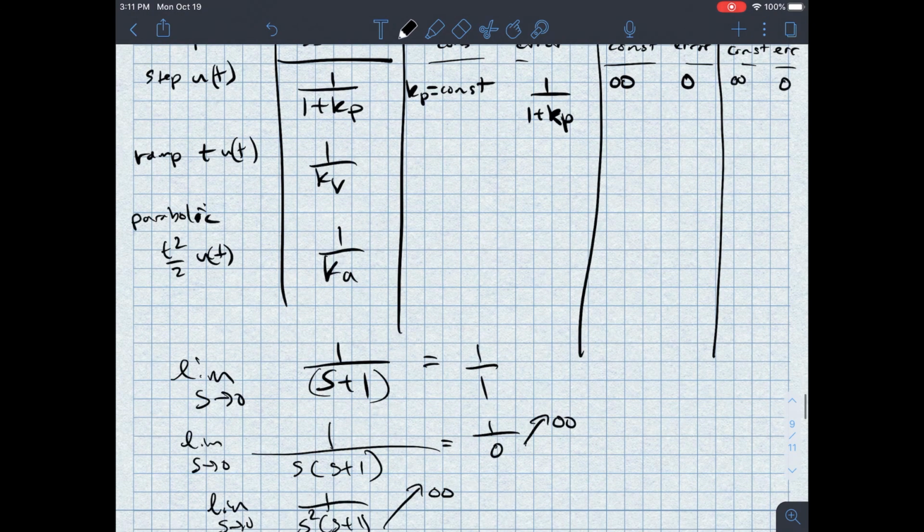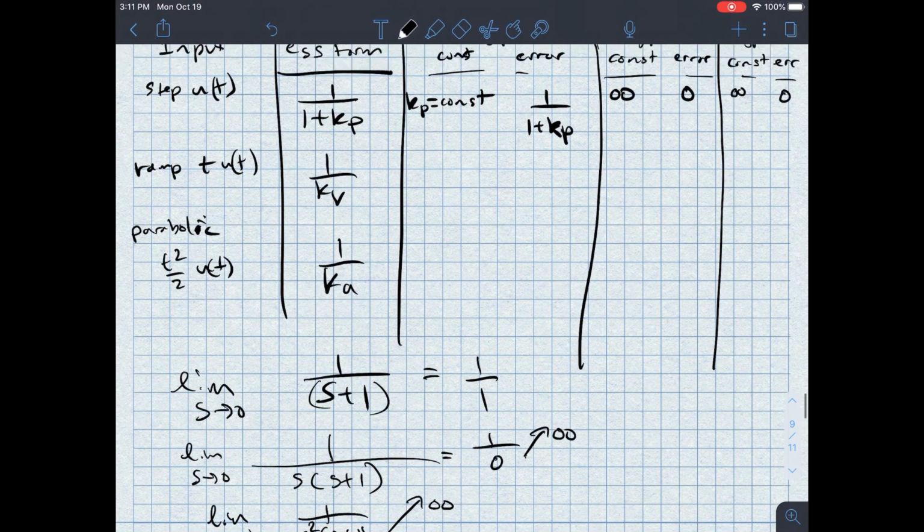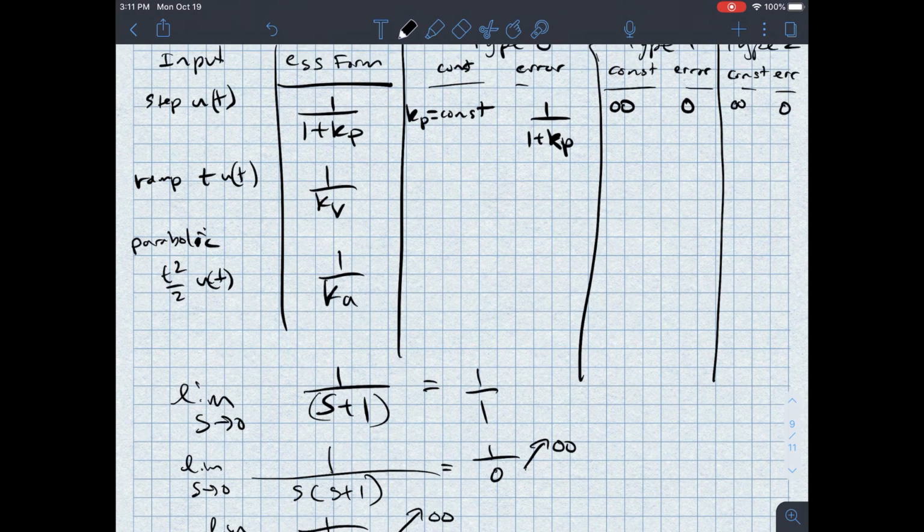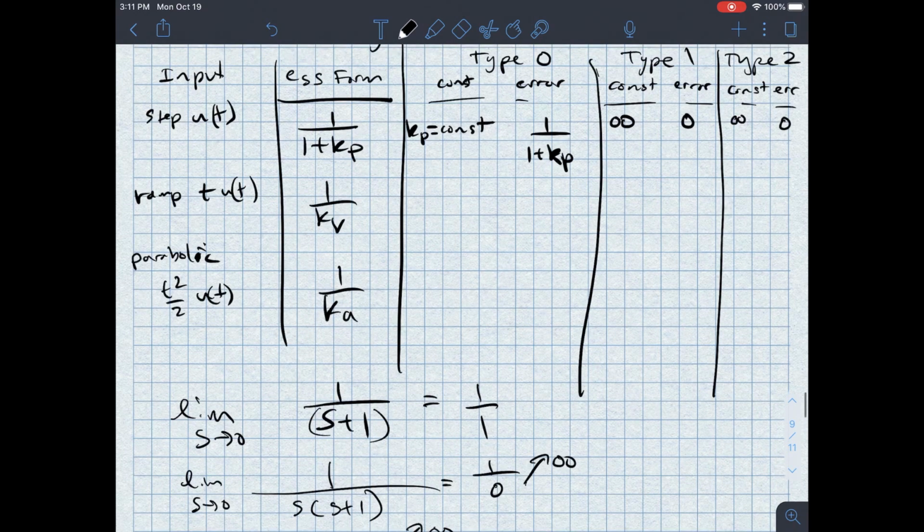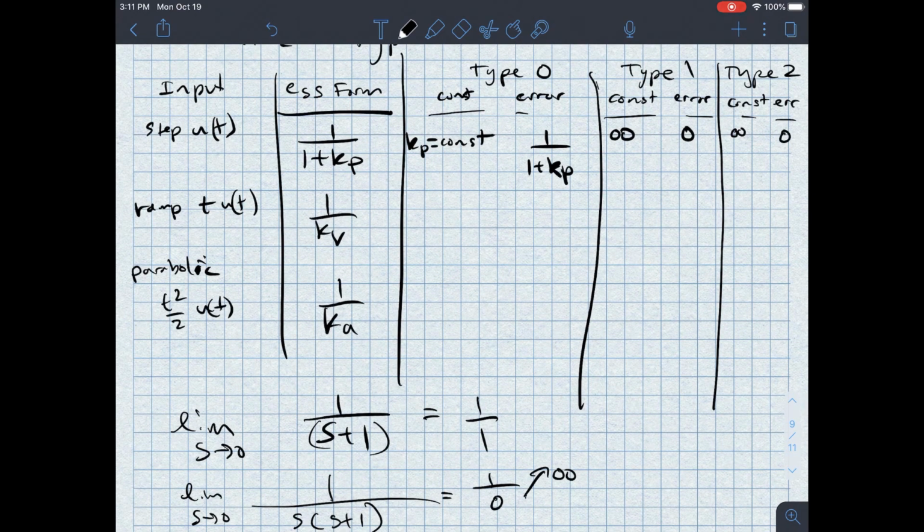For a ramp input for a type 0 system, I'm going to have 1 over the limit as s approaches 0 of s times my system. If it's a type 0 system and I add an s in there, what I find is that Kv equals 0, which means my steady state error is infinity.